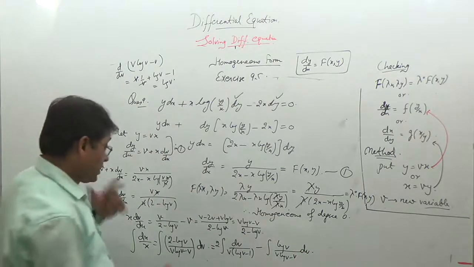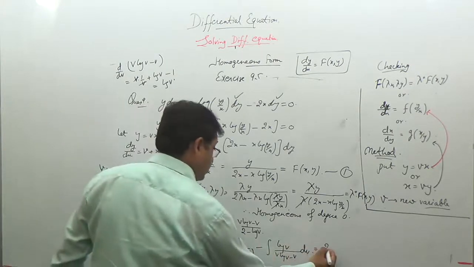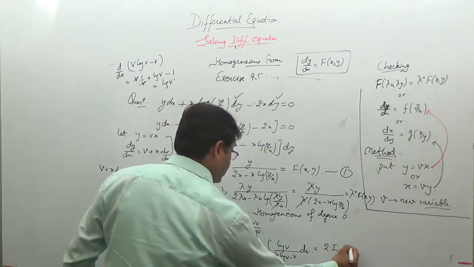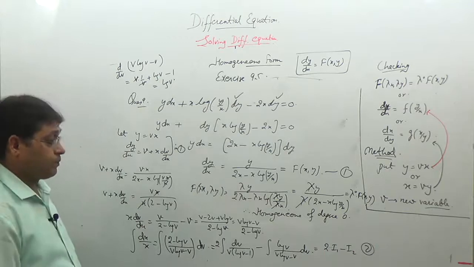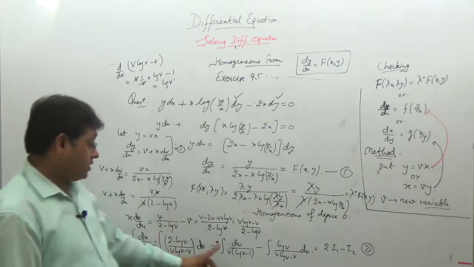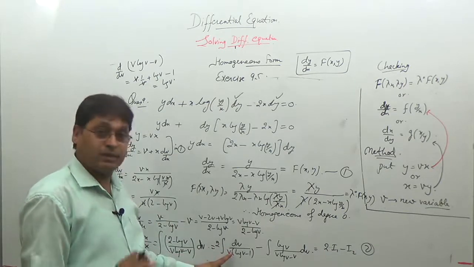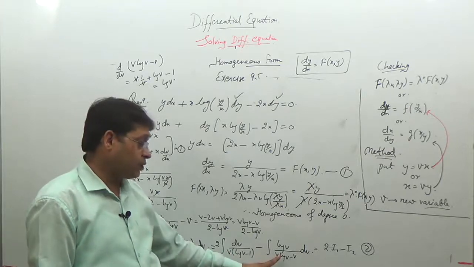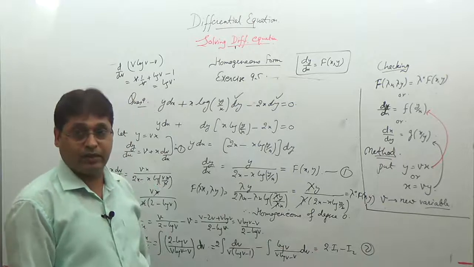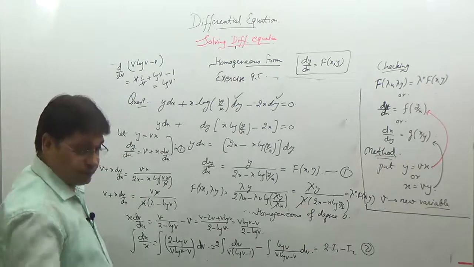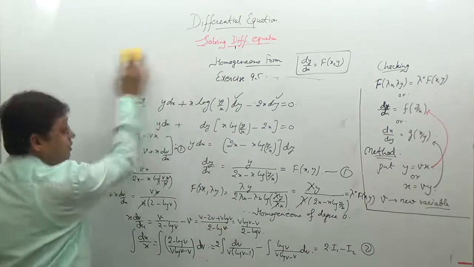This can be taken as twice I1 minus I2. Let this be equation number 2. Now I will treat I1 as separate question, I2 as separate question, then substitute these two values in 2. Note it down so that I can proceed further.